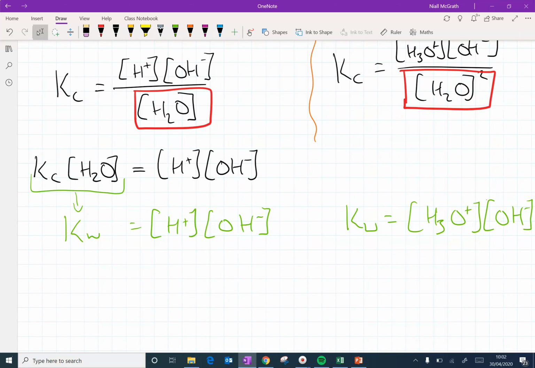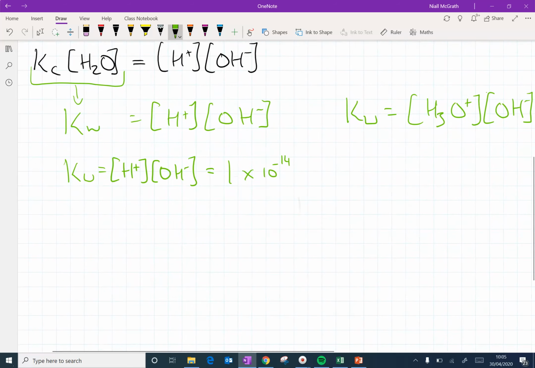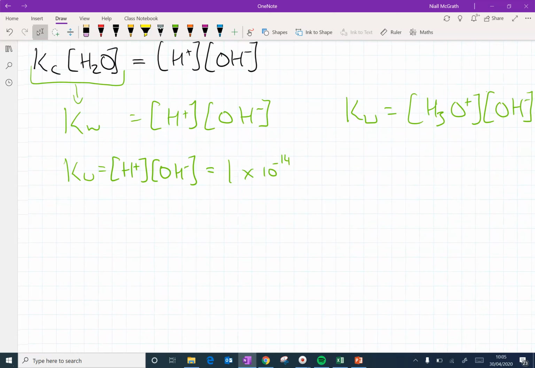So that's our ionic product of water, Kw, which is equal to 1 by 10 to the minus 14. That is the figure that we have for it.